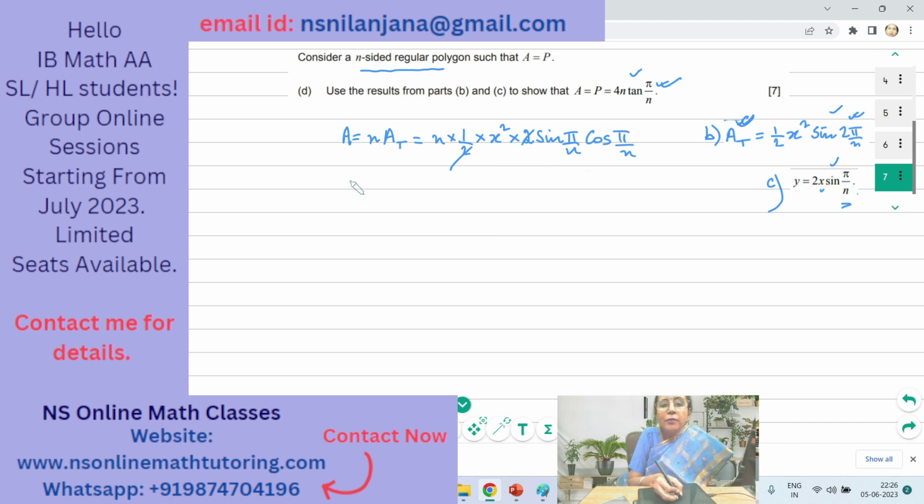And what is the expression for P? You remember the isosceles triangles, the two equal sides were each equal to x units, and the third side was equal to y units. So the perimeter of the inscribed regular polygon will be, there will be n sides. Each side is having y unit length.